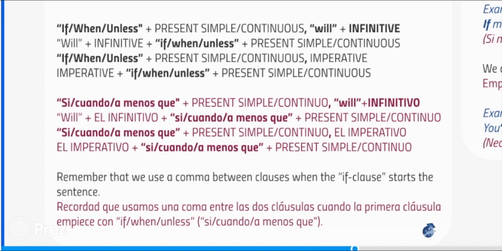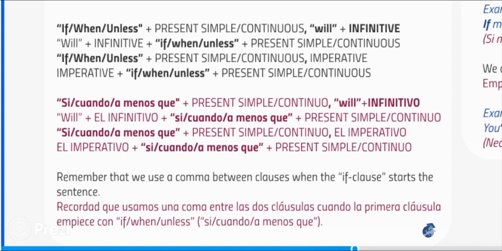Will plus the infinitive plus if, when, or unless plus the present simple or the present continuous. Or if, when, or unless plus the present simple or present continuous, comma, imperative.